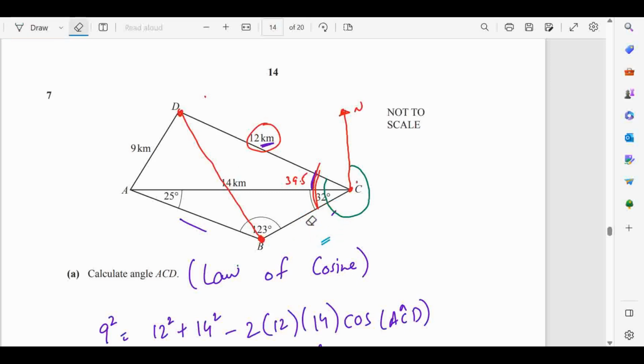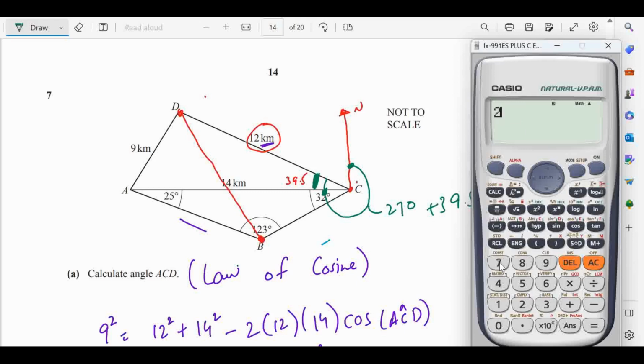We know that from this point to this point, this angle is 270, and then if we add 39.5, this will be the total bearing angle.